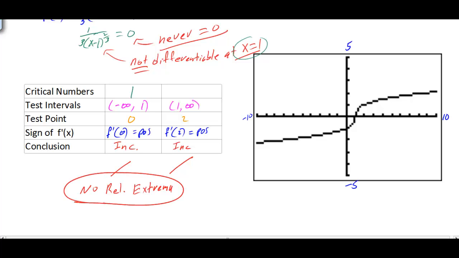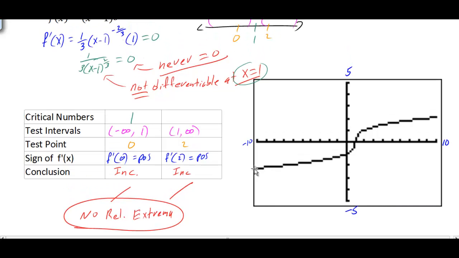And over here at the right, we can tell if we look at the graph of our function, if we follow along, we can see that our graph is increasing. Our tangent lines here, all of these would be positive. So as we go along the graph, it is always increasing. So therefore, there are no relative extrema.